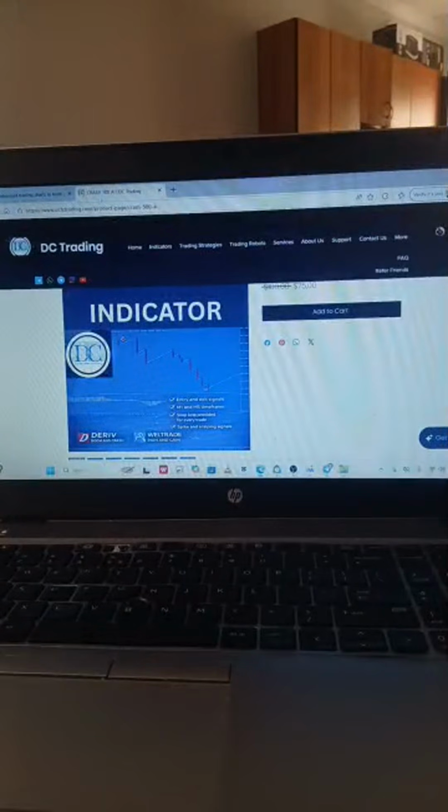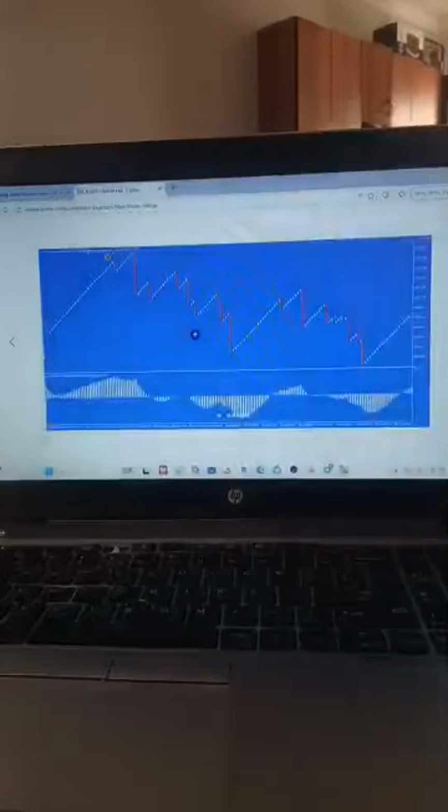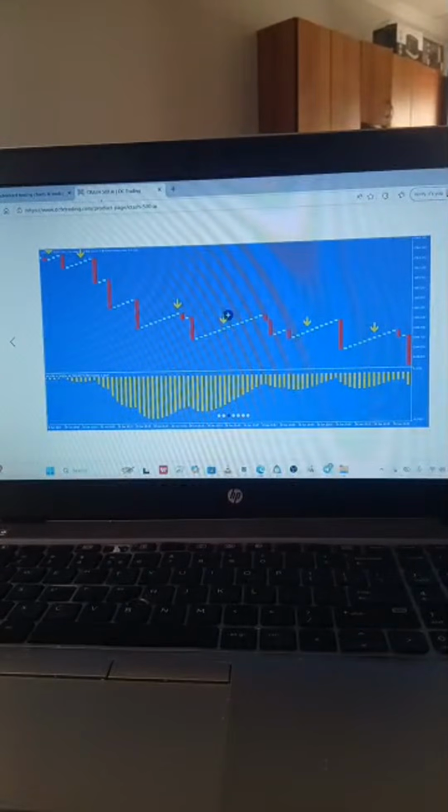As we are waiting for at least one more spike, let me extend my camera a little bit. So this is the crash 500 spike detector. Let me show you some pictures of how it looks. Here you have a reversal signal, then price will move up. And we have these yellow signals.